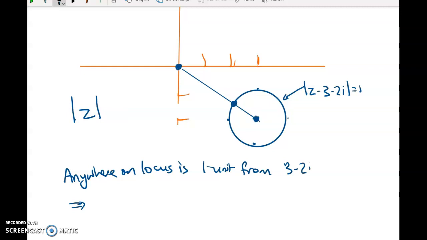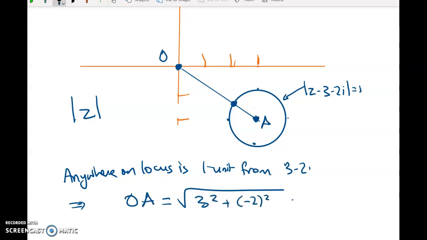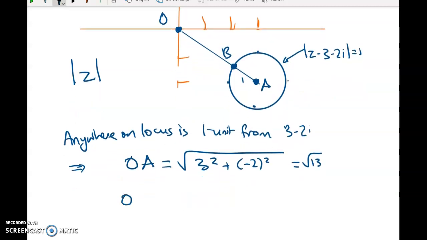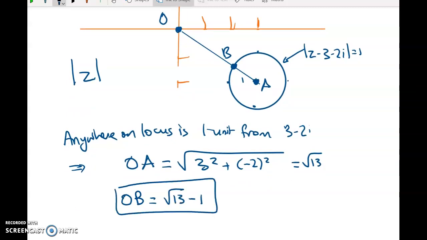Right, so the distance from 0 to point A, so 0A, is equal to the square root of 3 squared plus negative 2 squared, which is the square root of 13. So we know that AB is 1. So OB is equal to root 13 minus 1. And that's my final answer.